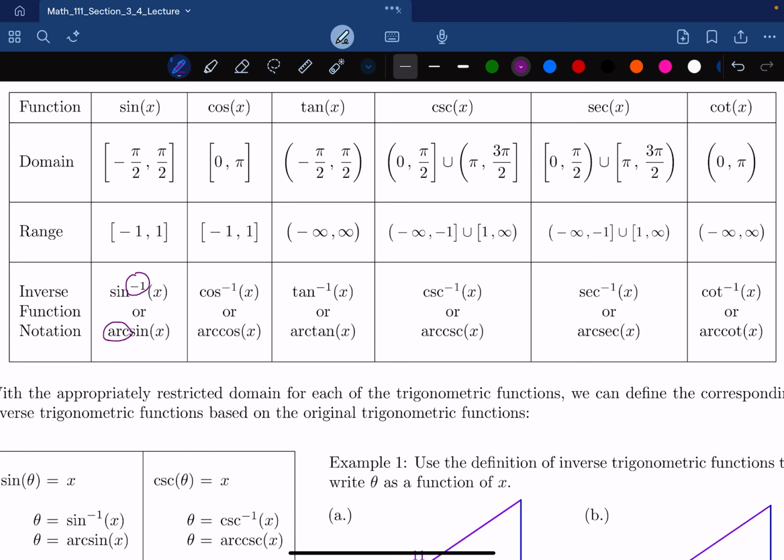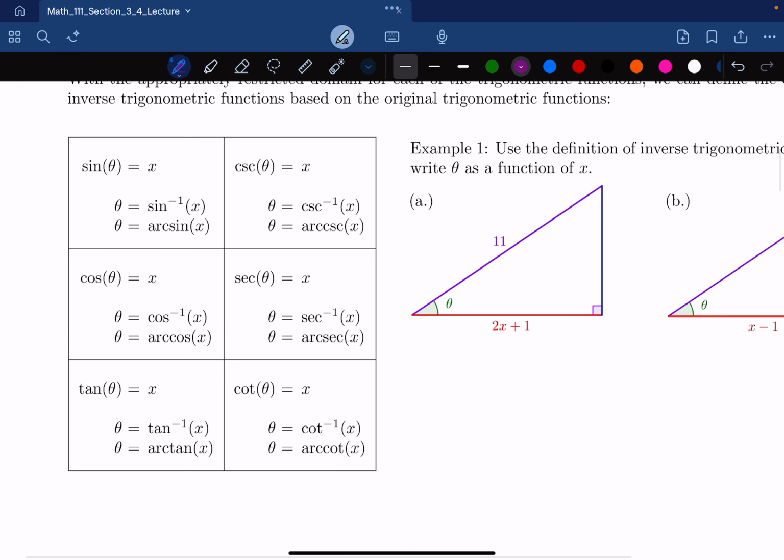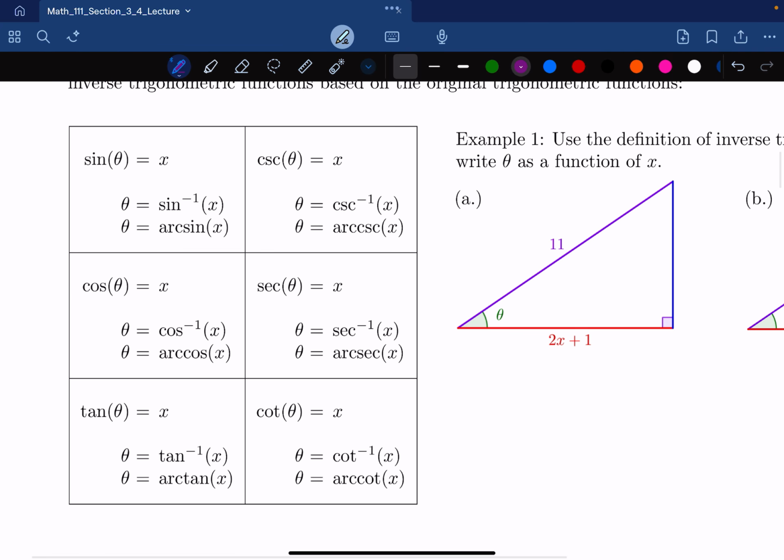So if we have the correct restricted domain, then here is the corresponding trig function and its inverse. Sine corresponds to sine inverse and arc sine, cosecant with the inverse cosecant and arc cosecant. All of these terminologies are used interchangeably in basically every book that I have ever used. So you have to know both of these notations, and we're going to use them interchangeably in this class as well.